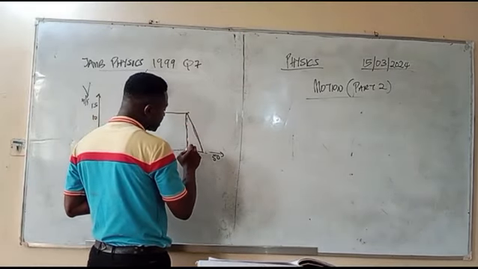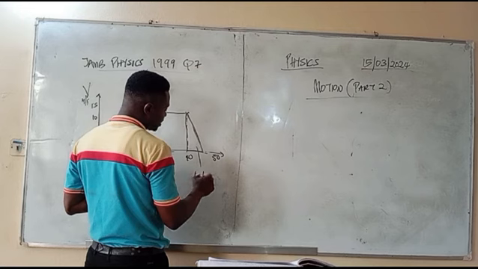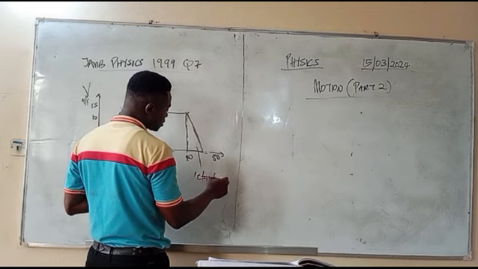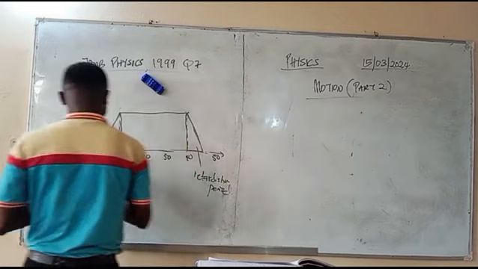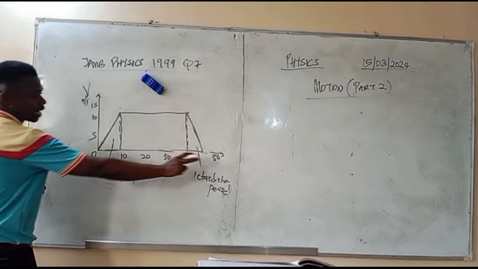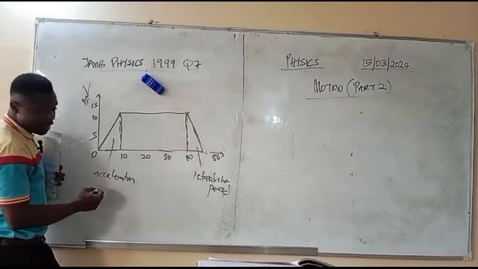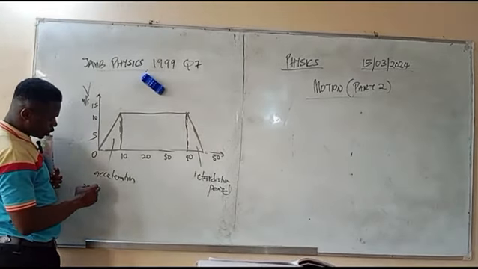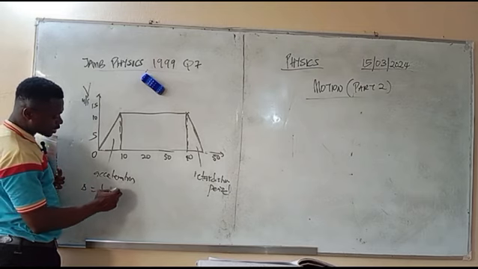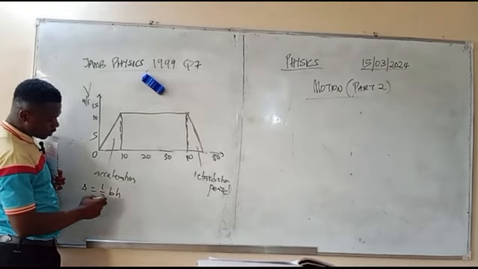Remember, the area of the triangle is half base times height, which is now equal to half. The base, here to here, is 10 seconds, times 10 seconds, times the height.